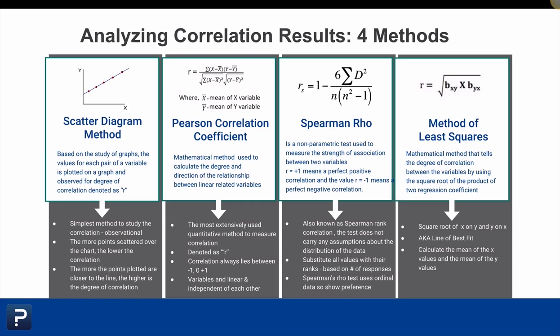Based off of that, they'll get a calculation that will show the best fit on the x and y axis. It's also known as the line of best fit, and it calculates the mean of the x values and the mean of the y values together, does a square root, and marks all those on a graph as well.